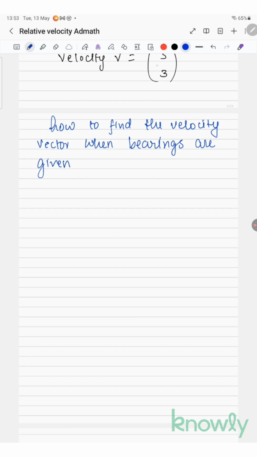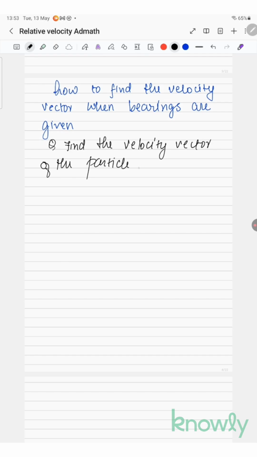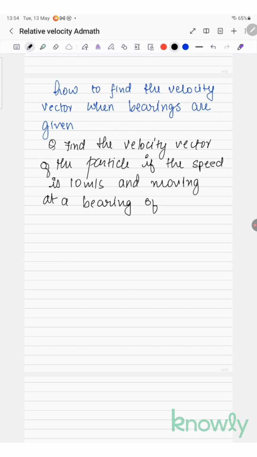Okay, so the question is: find the velocity vector of the particle if the speed is 10 meters per second and it is moving at a bearing of 240 degrees.